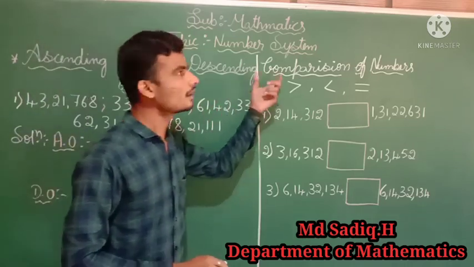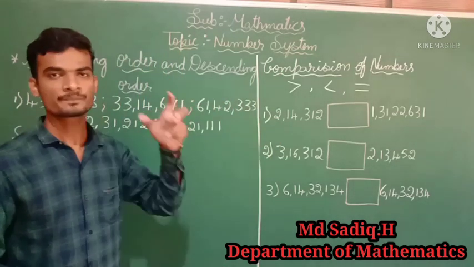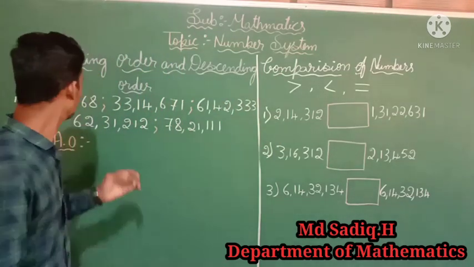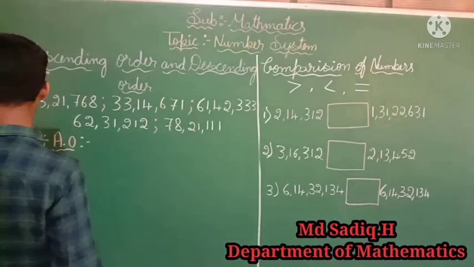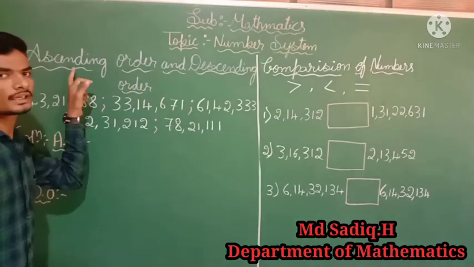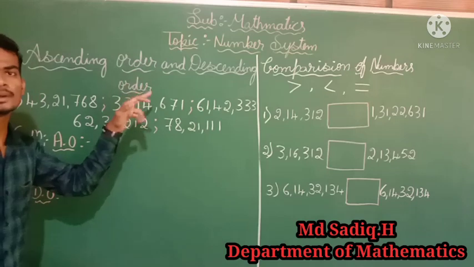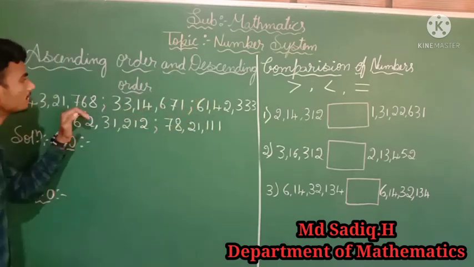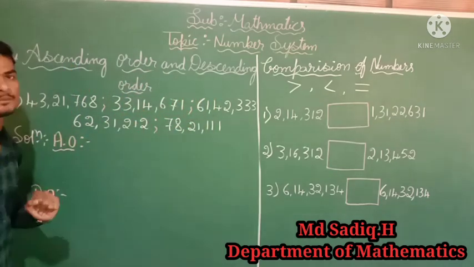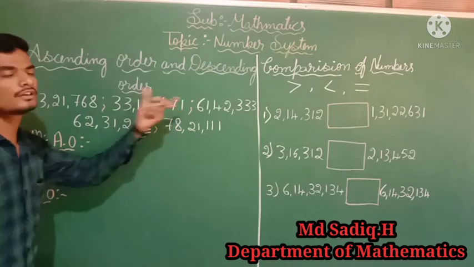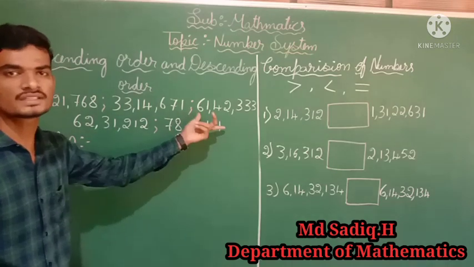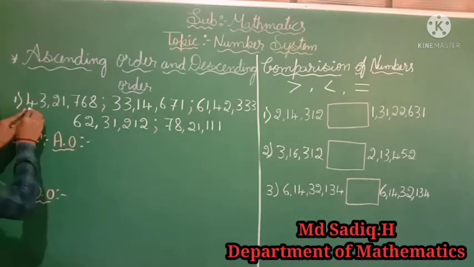I hope all of you are copying this in your rough notebook. In the ascending order, we know we have to arrange from a smaller number to a bigger number. In these given numbers, which is the smaller number? How will you compare? How will you see which is smaller, which is greater? First you see the numbers here.